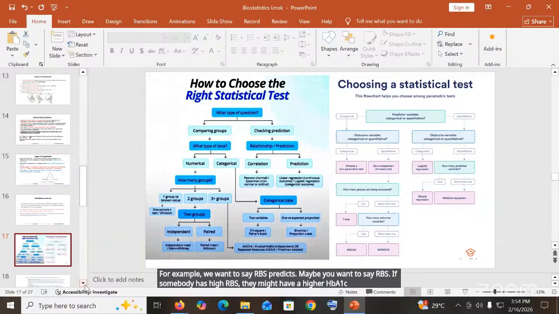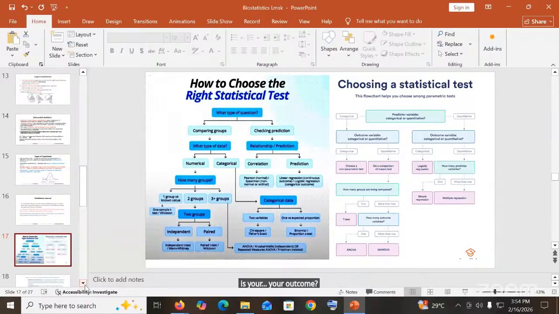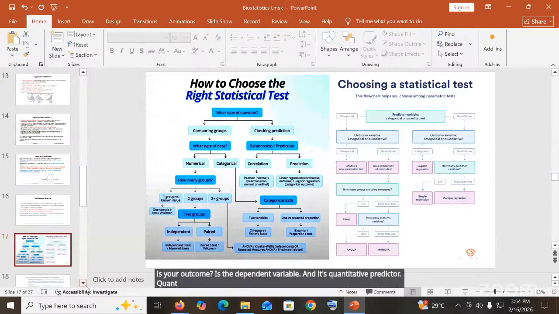The predictor variable is RBS, which is independent, and your outcome is HbA1c, the dependent variable. With a quantitative predictor and quantitative outcome, you will use what you call regression.